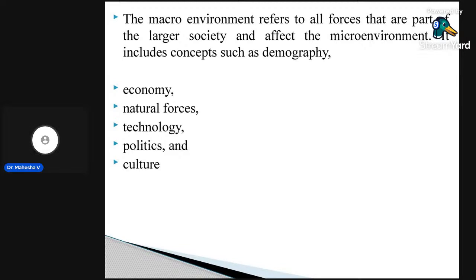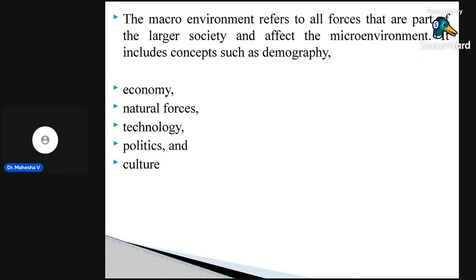The macro environmental variables refer to all the forces that are part of the larger society and affect the micro environment. It includes concepts such as demography.